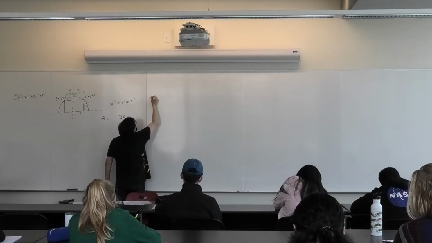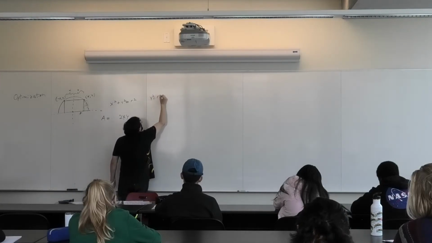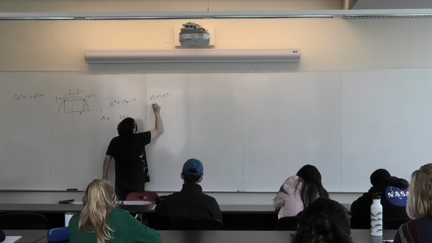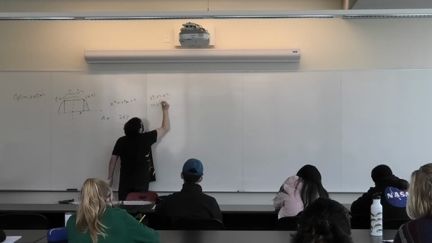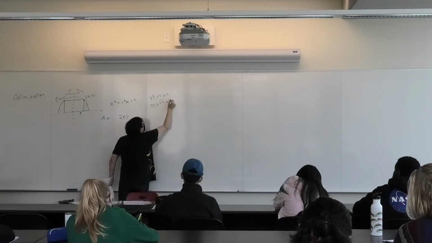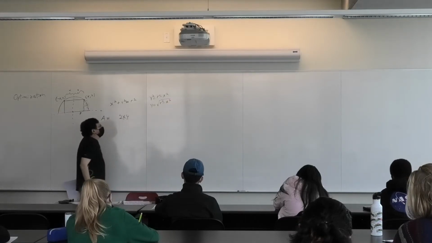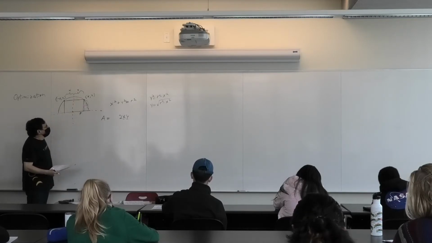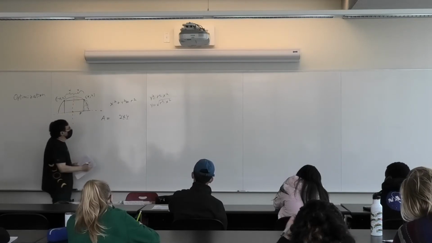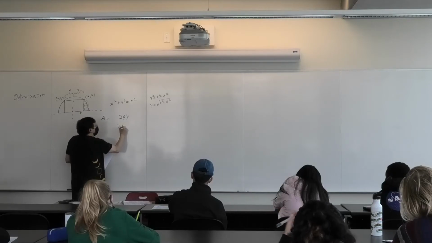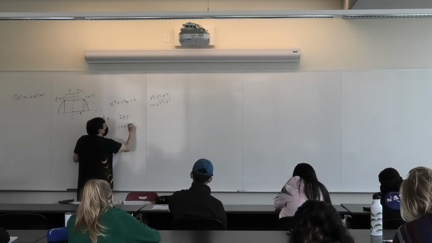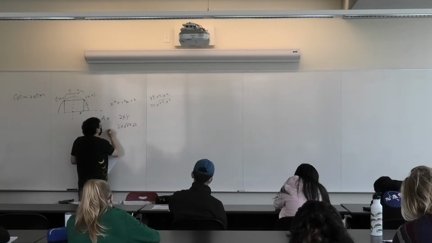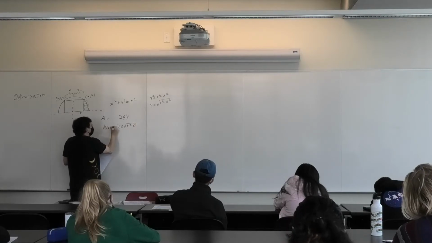So if we say y squared equals r squared minus x squared, we get y equals the square root of r squared minus x squared. And we don't have to worry about this being negative because we're interested in positive distances. So we have 2x square root r squared minus x squared. And that's our function of x.